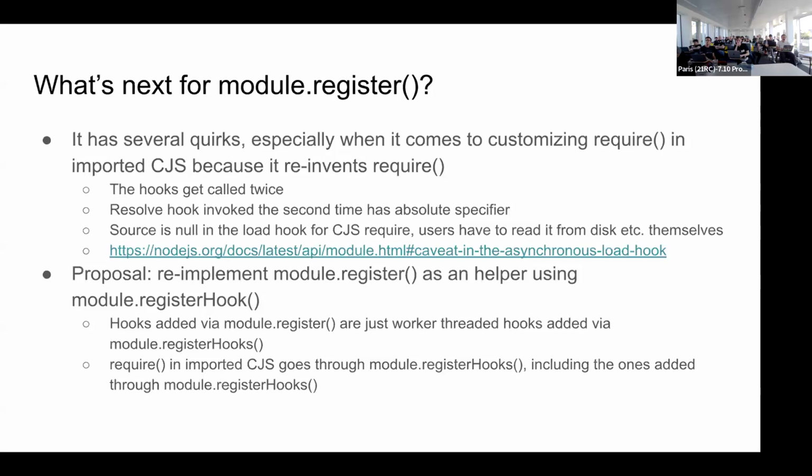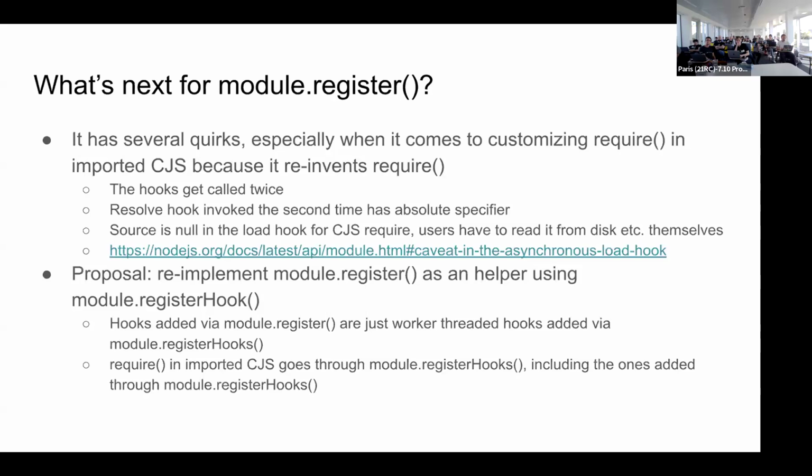Load is the phase where you get the path and you need to provide the source. So for example, customization hooks can, instead of reading from disk, read from somewhere else. And for the loading phase of CJS require, that goes through module.register, this is null because of some internal misfits in the implementation.